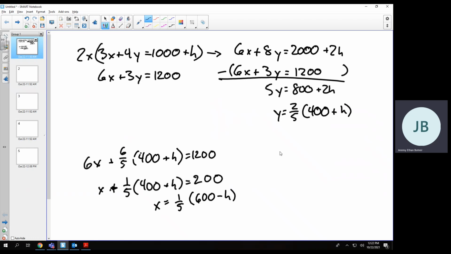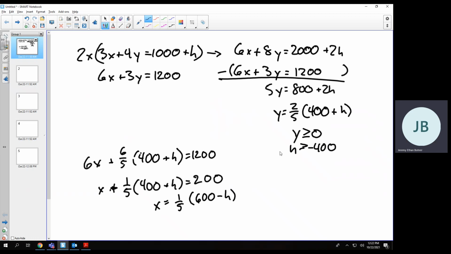Now, we know y is non-negative. That comes from our original set of inequalities. The non-negativity of y implies that h is greater than or equal to negative 400.